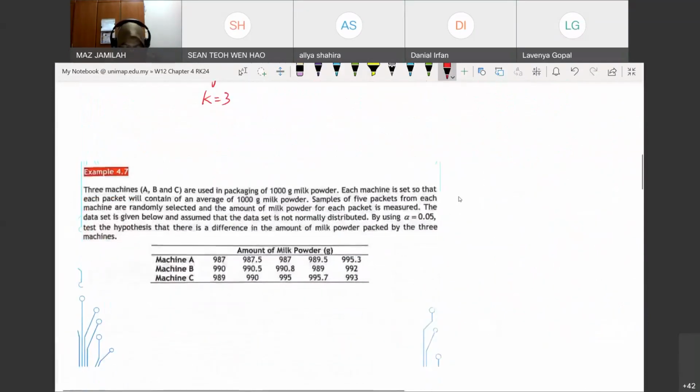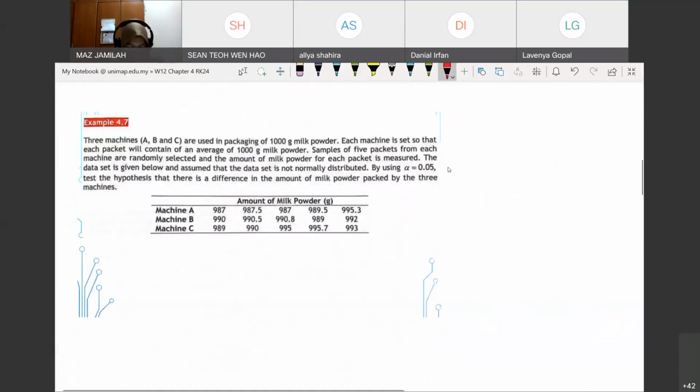Directly, we use the example so that all the concepts that have been discussed on pages 148 and 149, you can compare when we discuss this particular example. Now, example 4.7 on page 149. Three machines A, B, and C are used in packaging of 1000 gram milk powder. Each machine is set so that each packet will contain on average 1000 grams of milk powder.